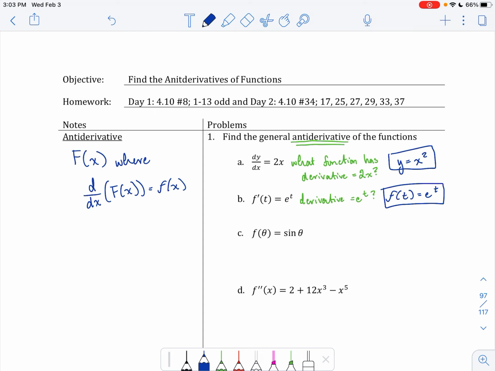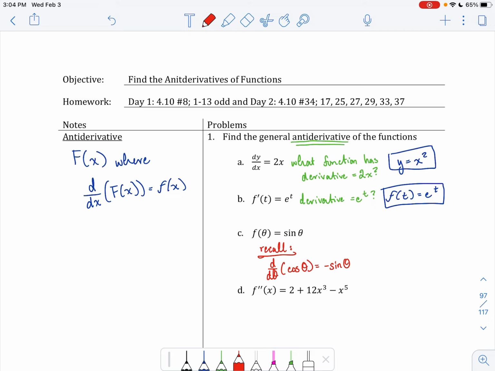Now, of course, these are going to become more challenging. So here, for example, we have f prime of theta is equal to sine of theta. And as you may recall, you're like, okay, well, I know something has the derivative of almost sine of theta. If you recall, the derivative with respect to theta of cosine is equal to negative sine of theta.